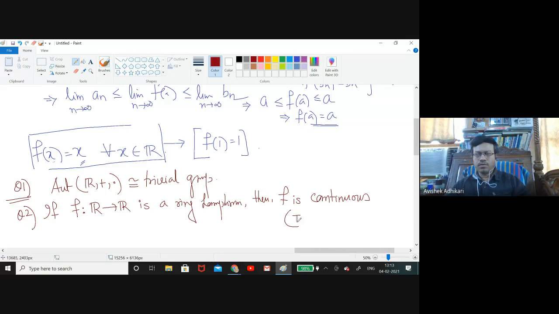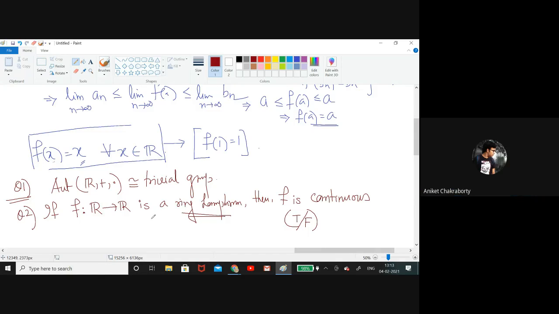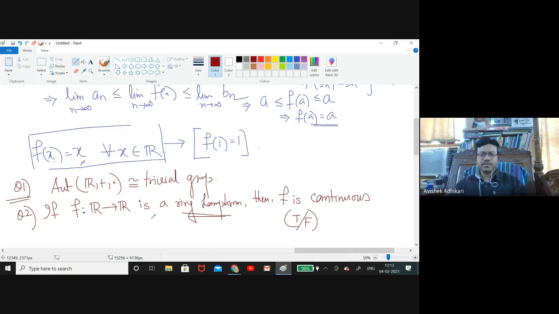True or false? See, this is an analysis question, but I asked it in a homomorphism setting. So is it true or false? Yes, sir, it is true. True.